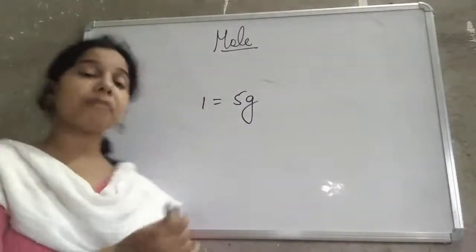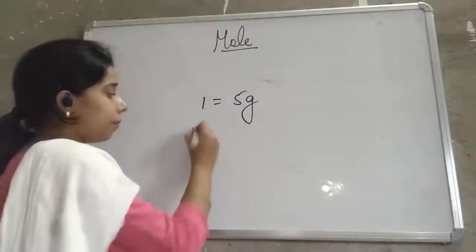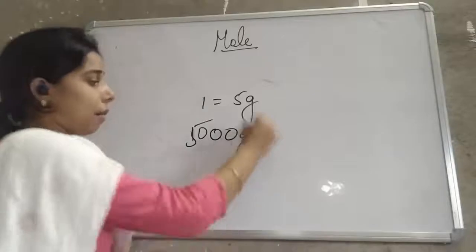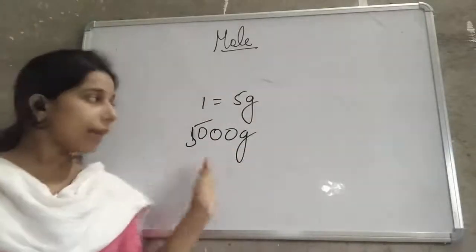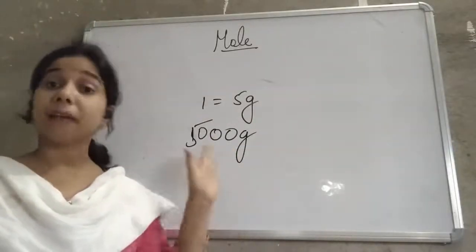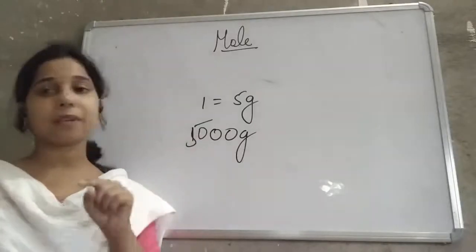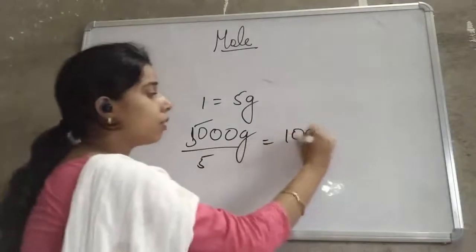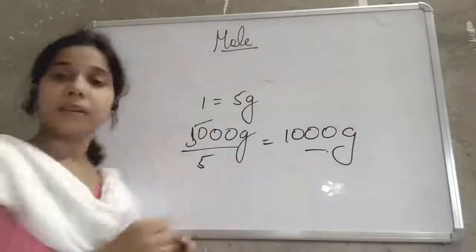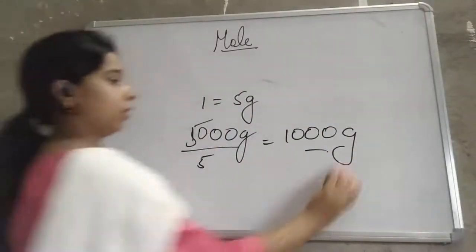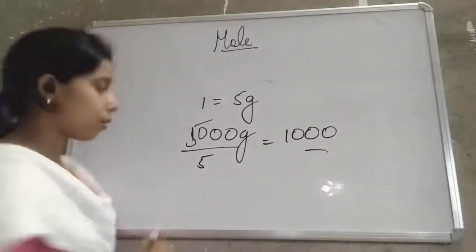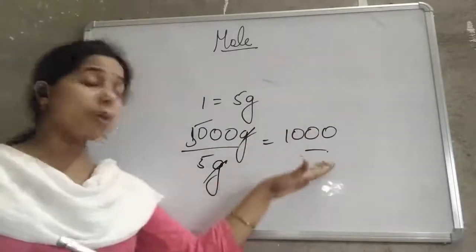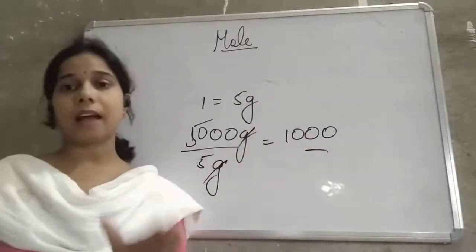If the mass of the total coins comes out to 5000 gram, by this we are able to find the number of coins present in that container. So 5000 divided by 5 will be equal to 1000. Sorry student, the grams will cancel each other. So 1000 coins are present in that container.